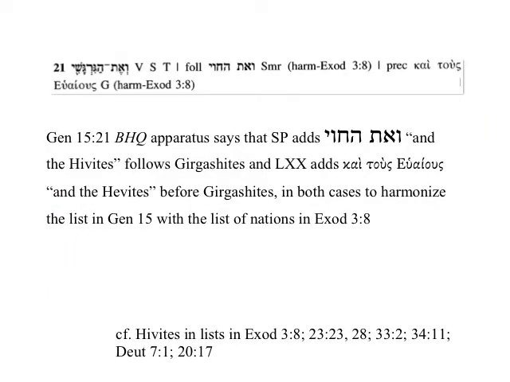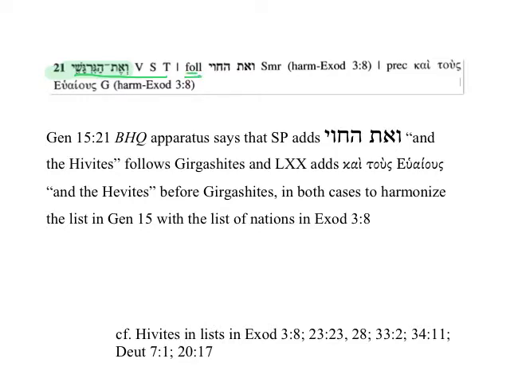And here's a text note to the BHQ of Genesis chapter 15, verse 21. And referring to the Girgashites, the BHQ editor points out that there's agreement with this list, with the various traditions.